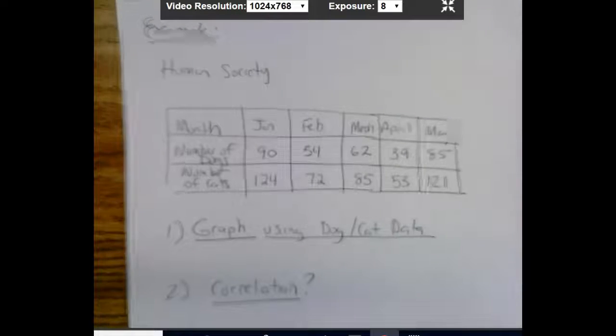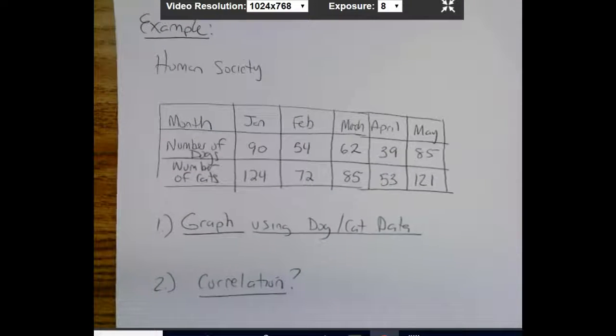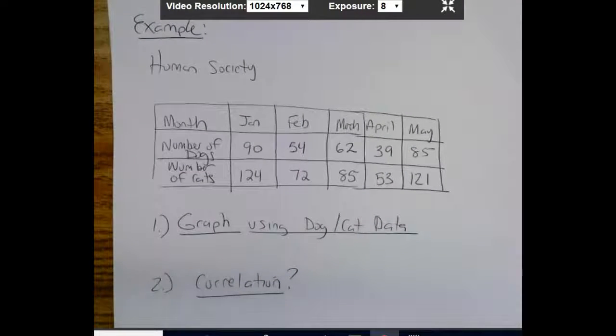So here's an example. Let's say we have the Humane Society, and we're looking to see if there's first a correlation, and then if there is, whether there's causation. Here we have these 5 months at the Humane Society, with the number of dogs adopted and the number of cats adopted.